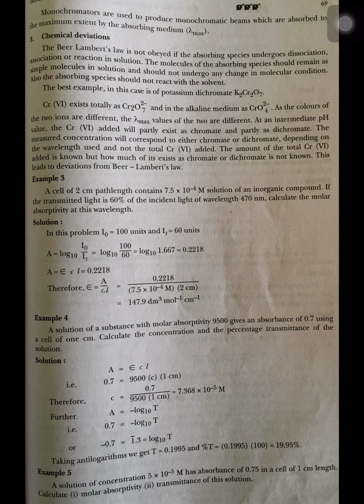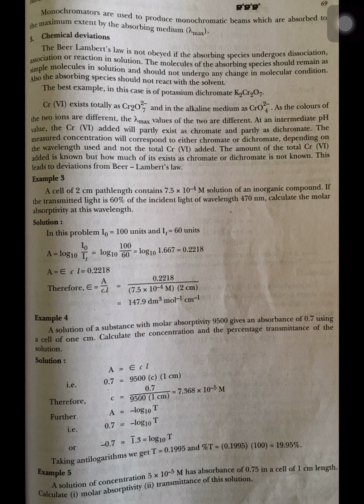At an intermediate pH, the chromium VI added will partly exist as chromate and partly as dichromate. So at intermediate pH, the chromium is in the K2Cr2O7 form or the K2CrO4 form. Because of this two-ion formation, the color of the solution changes.